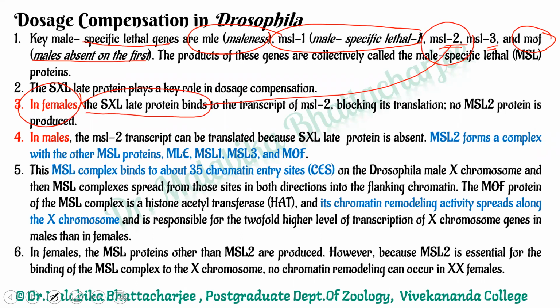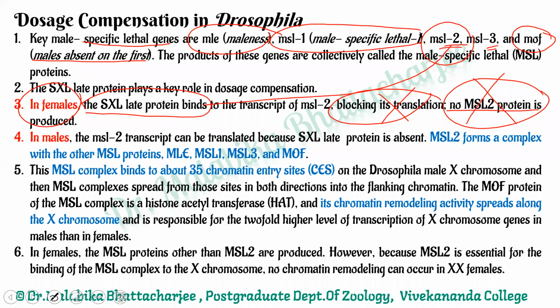So the moment the SXL late protein binds to the RNA of the MSL2, it prevents its translation. Since its translation is prevented, we do not get any MSL2 protein.